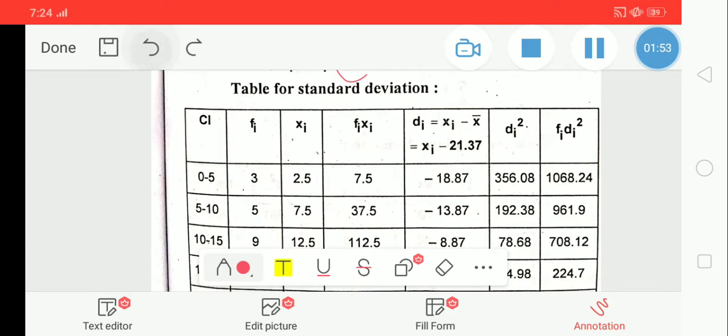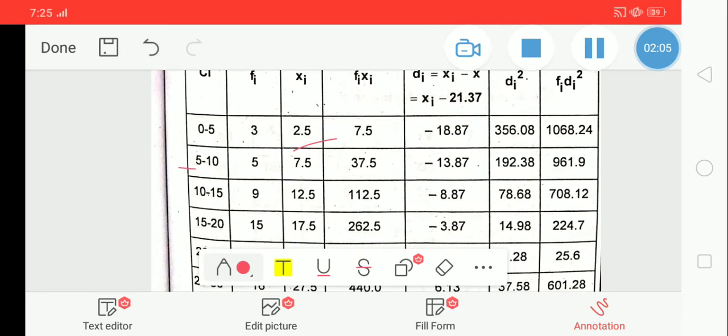Now xi is the mid value of the class interval. We know how to find the mid value: 0 plus 5 divided by 2, so 2.5. 5 plus 10 divided by 2, so 7.5. Both addition and divided by 2.